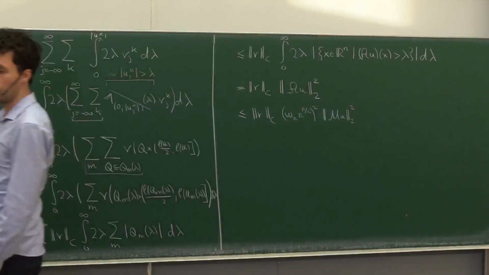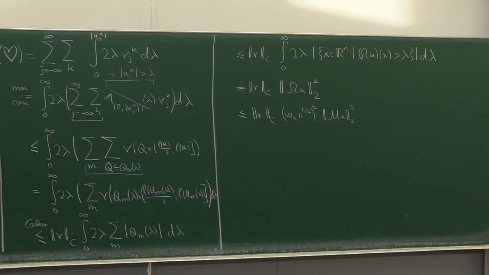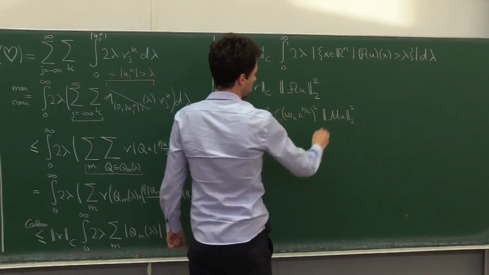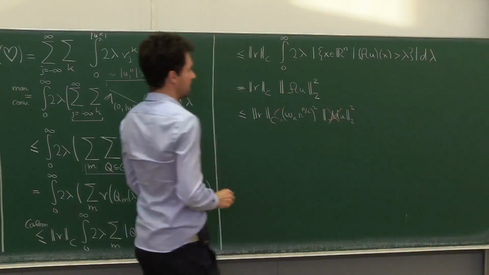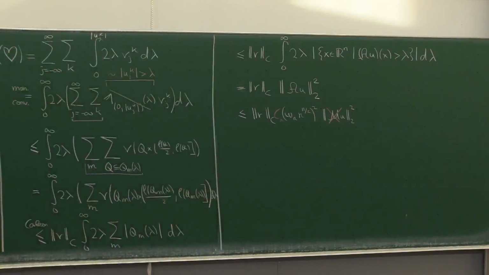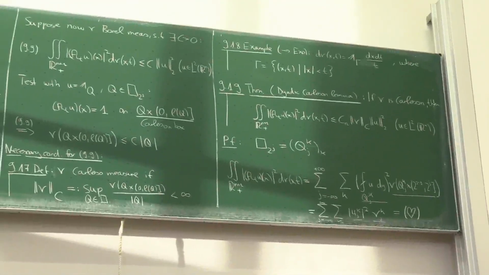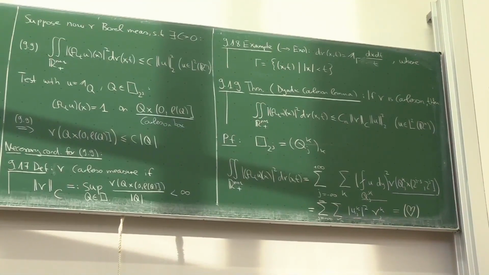But the Hardy-Littlewood operator is of strong type, is bounded on L2. Okay, so up to throwing another constant C_n into the game, we can eliminate the maximal function. And then we started over there, we proved precisely Carleson's lemma, and so this is the end of the proof.